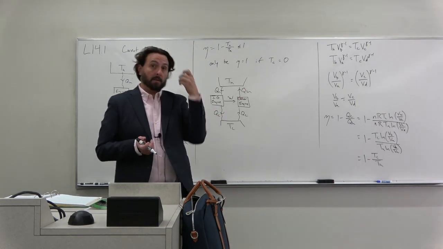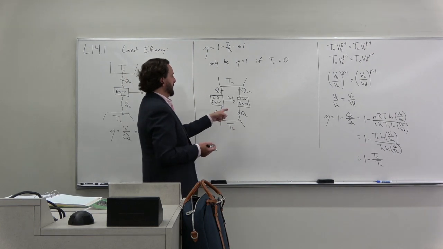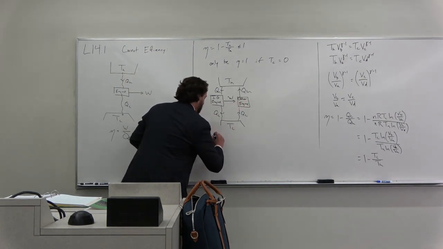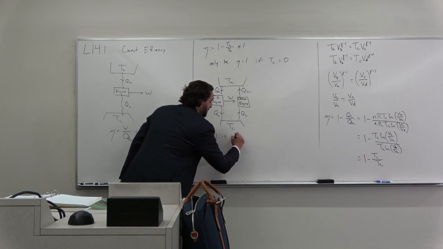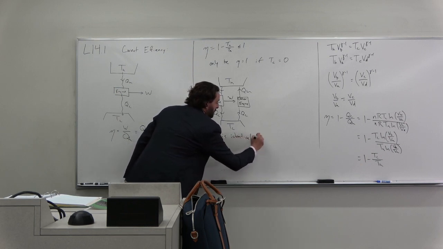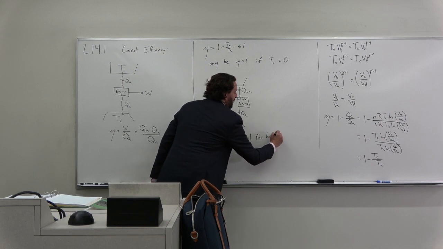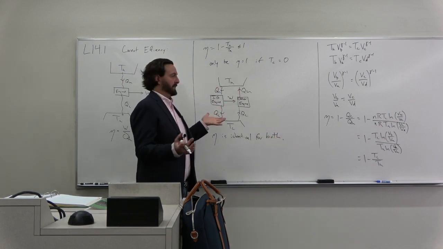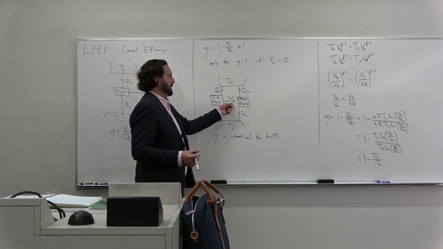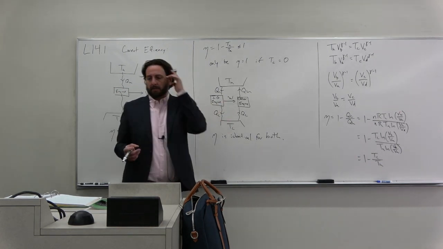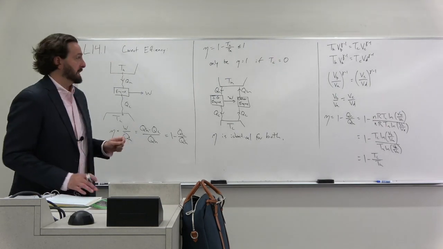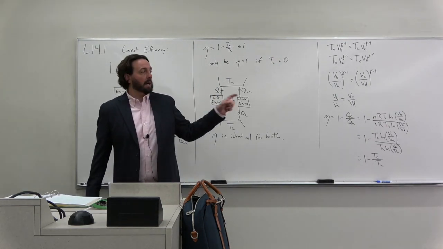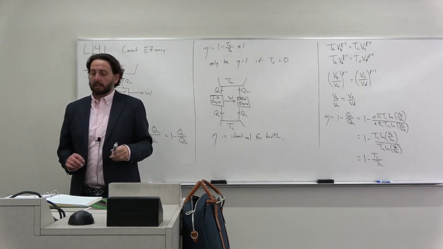We know that's not possible. So we know that the efficiency is identical for both, because otherwise I could make energy out of nothing. I would have extra work or extra heat. So that's not possible. Okay, so next time we're going to go on and talk about what an object like that might look like.